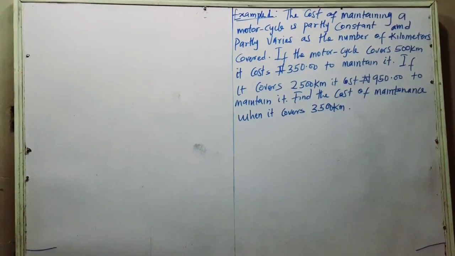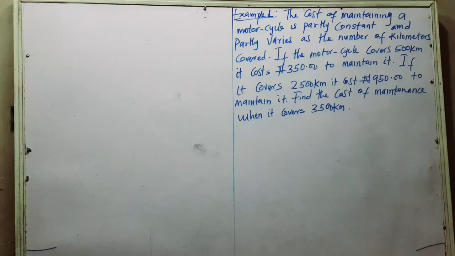Example 1. The cost of maintaining a motorcycle is partly constant and partly varies as the number of kilometers covered. If the motorcycle covers 500 kilometers, it costs 350 naira to maintain.